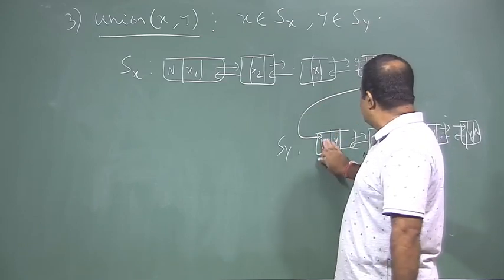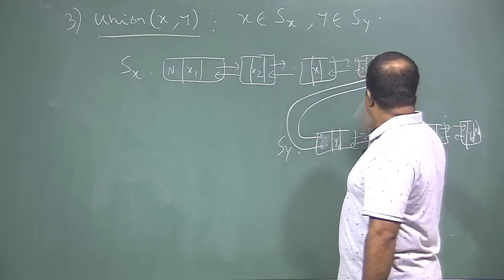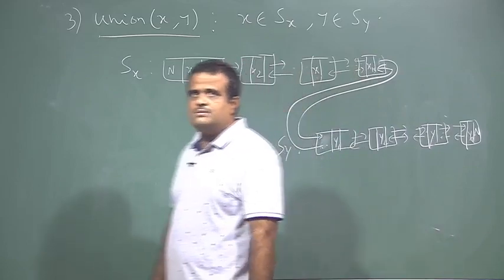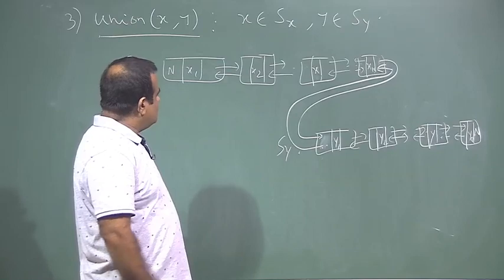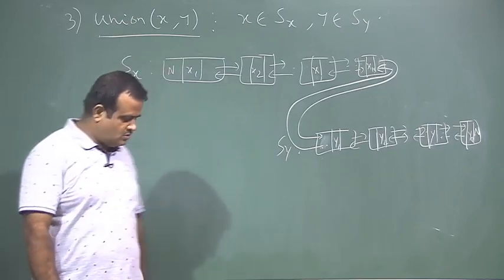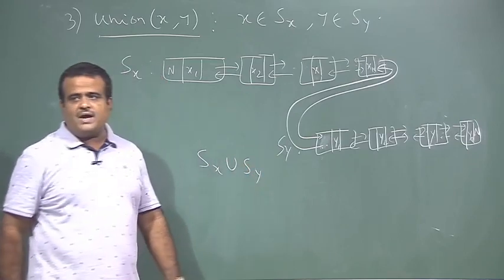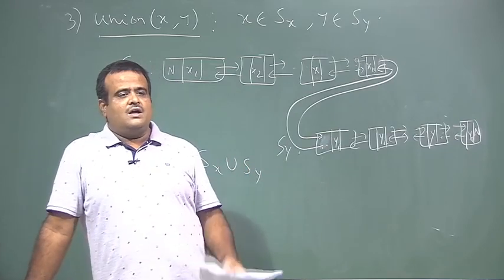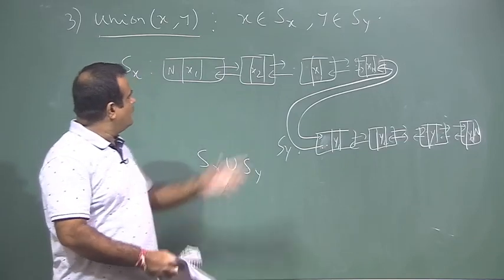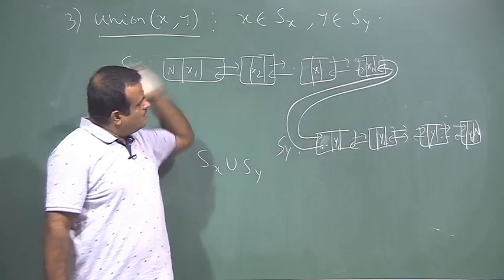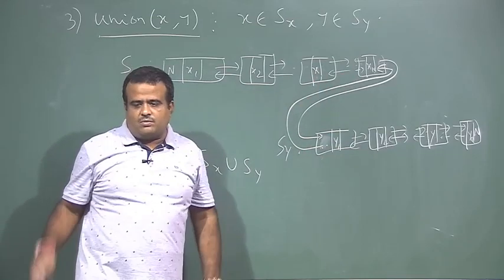So, we have to reach to the beginning of this and then we have a pointer to this. So, just we are joining these two linked lists. So, this is the union. So, this set is now we replace this set, S x and S y both, by S x union S y. This is the merging. So, we are doing this by just connecting the one set with another set with the help of linked list. Just we are adding the pointer of one set to the another set.